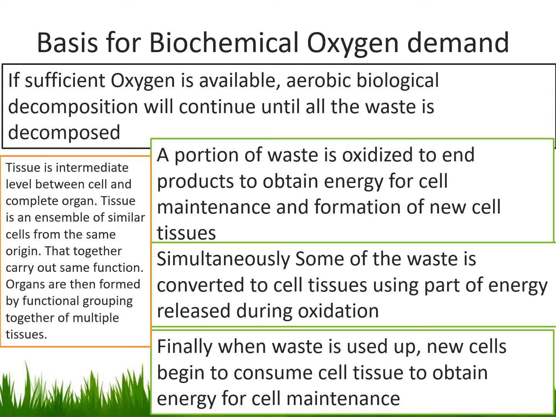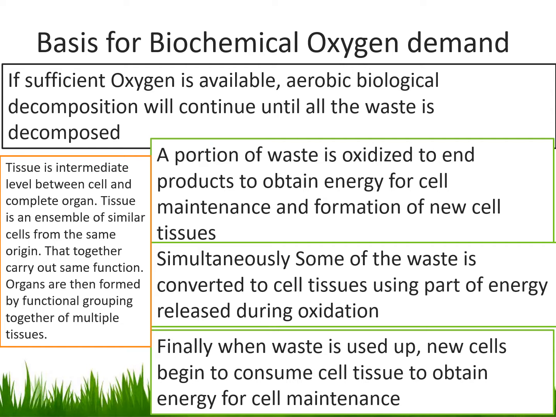See on the left side of the slide, tissue is an intermediate level between cell and complete organ. Tissue is an ensemble of similar cells from the same origin that together carry out the same function. Organs are then formed by functional grouping together of multiple tissues and then the whole structure develops.